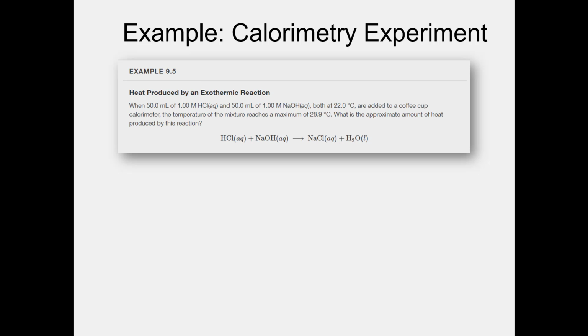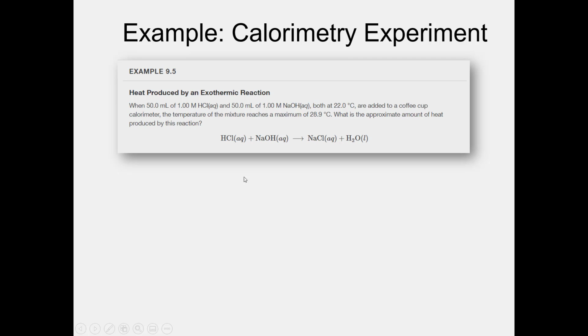One is hydrochloric acid dissolved in water, one is sodium hydroxide dissolved in water. The initial temperatures of both solutions are the same because they're being held at room temperature, so the initial temperature of both solutions is 22.0 degrees Celsius. They're added to a coffee cup calorimeter, and a chemical reaction takes place.